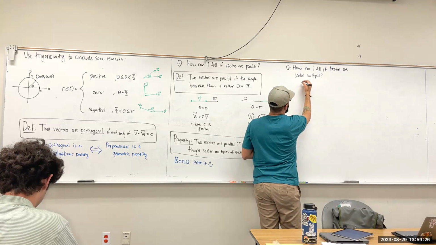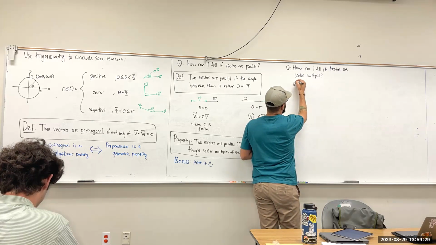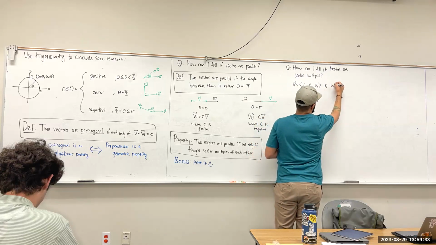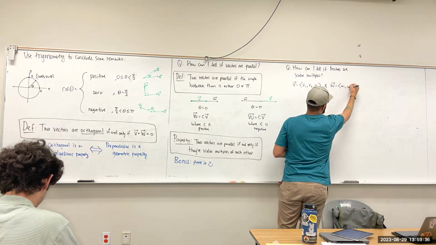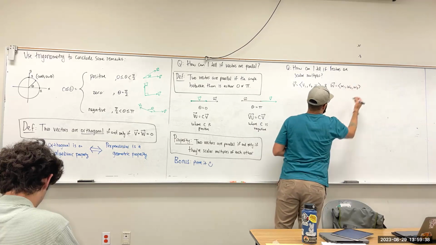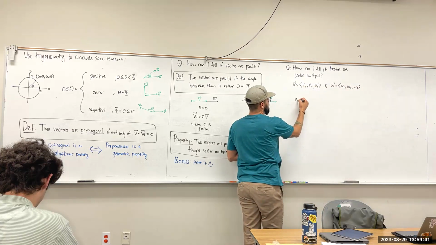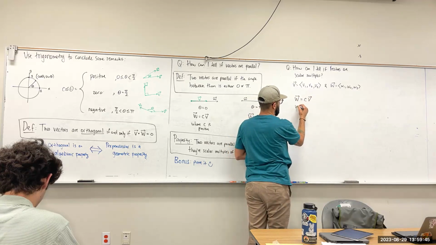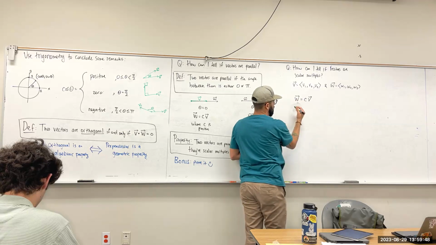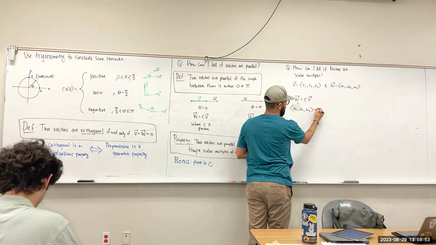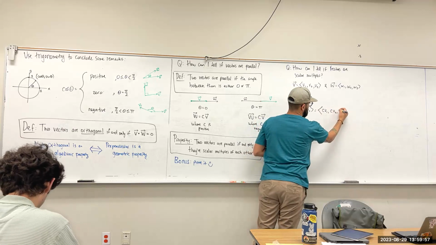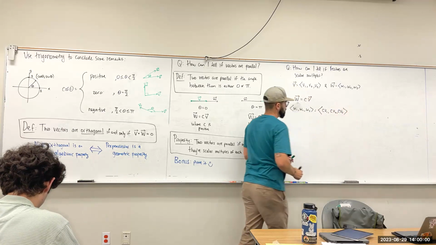So, for example, let's say V, let's put some components there, and W are like that. And so then if W is a scalar multiple of V, then we have this vector is now equal to C of V1, C of V2, C of V3.